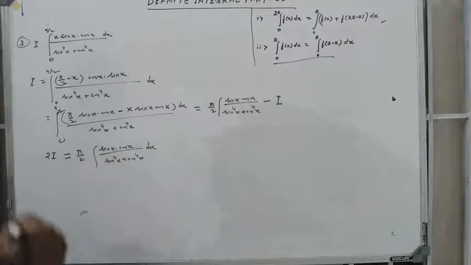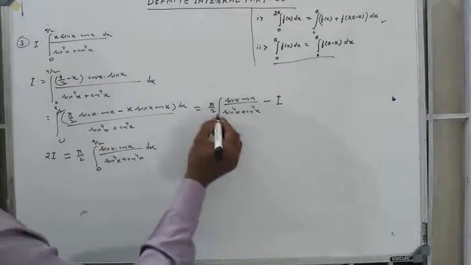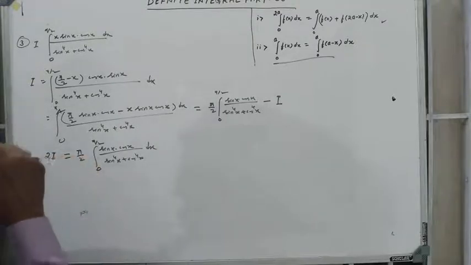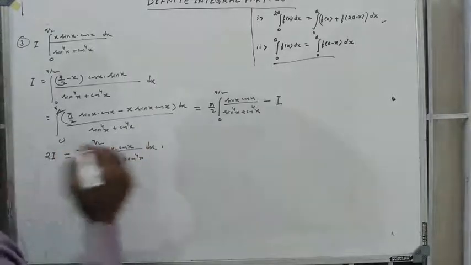Now we have to evaluate this integral. For that, we divide numerator and denominator by cos 4x.